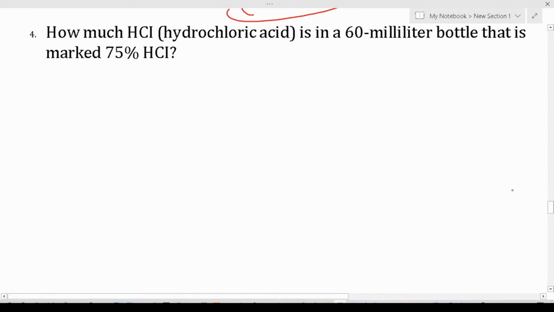All right, let's look at number 4 now. It says how much HCl, hydrochloric acid, is in a 60 milliliter bottle that is marked 75% HCl. All right, so for this one, we're going to rephrase it like this: what number is 75% of 60?